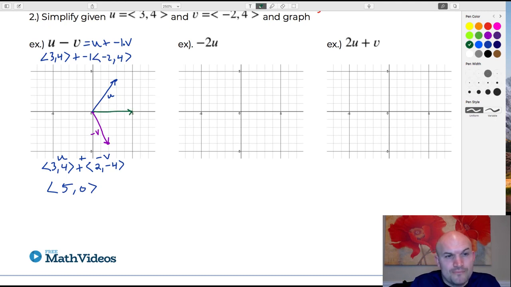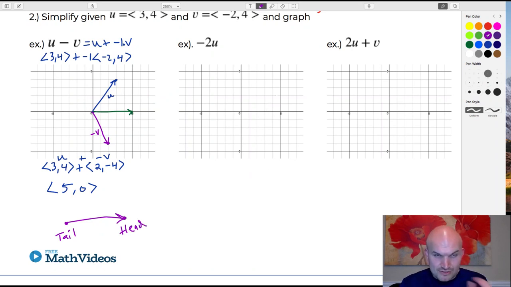What I was showing my students today was that we can use the algebra to find the resultant vector, 5 comma 0. When you have a vector like this, this is what we call the tail, and this is what we call the head.